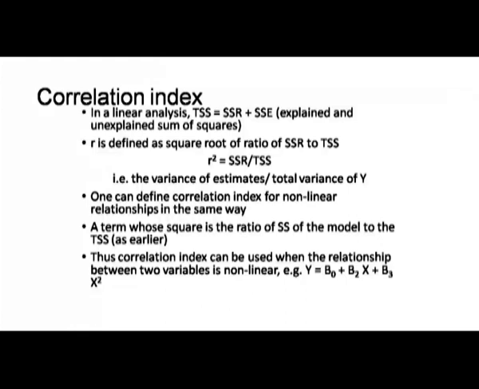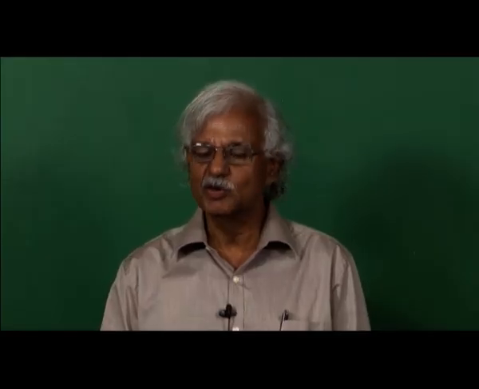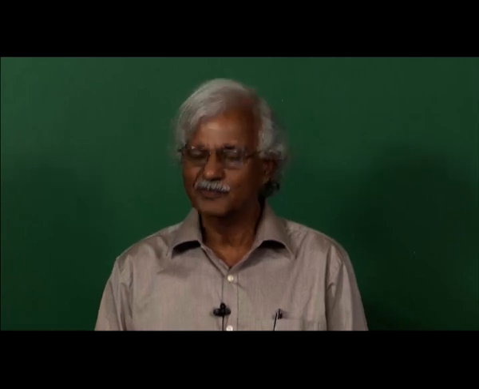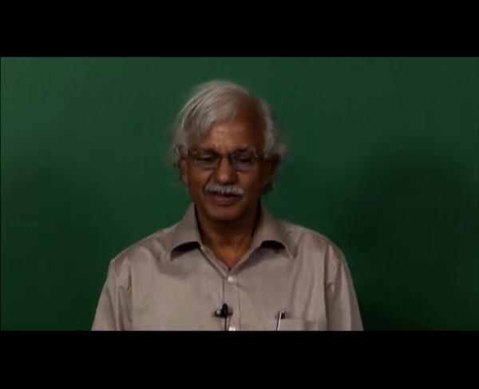If you calculate the variance of all the y values, fit this model, estimate values of y for different values of x and calculate their variance, then the variance of estimated values divided by the variance of original y values gives you the square of something. That something can be called a correlation in the non-linear case.